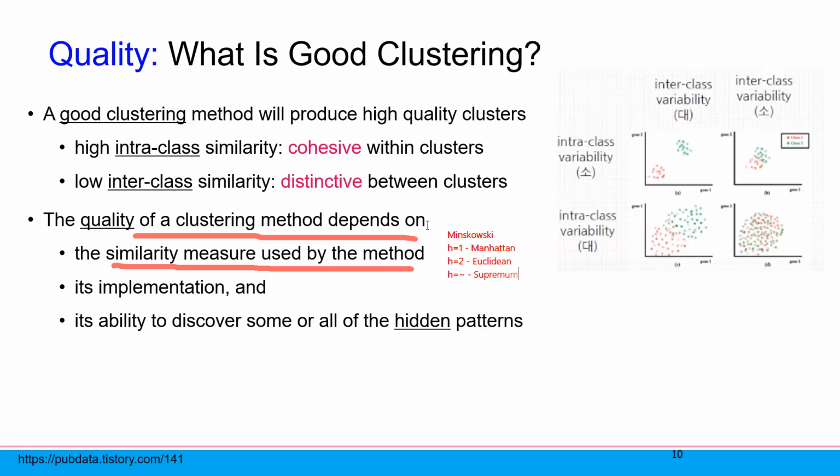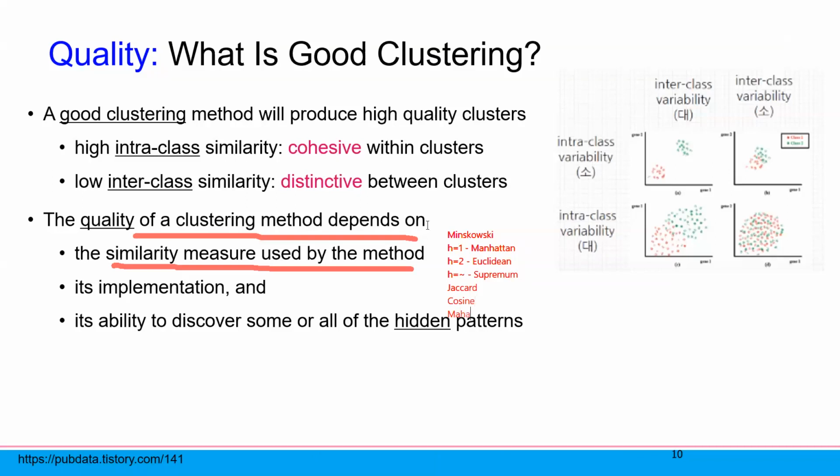But later on, when you go to Orange, there will be many other different measures. We can have Jaccard similarity. As you learned in the materials, you know about the cosine similarity. Later you will check on Orange.